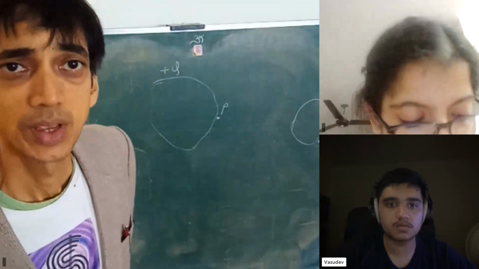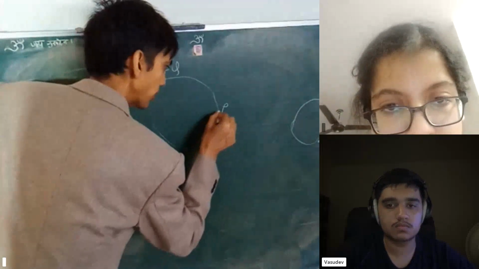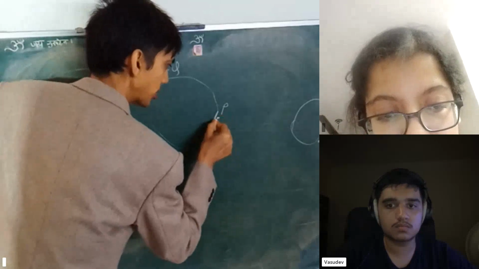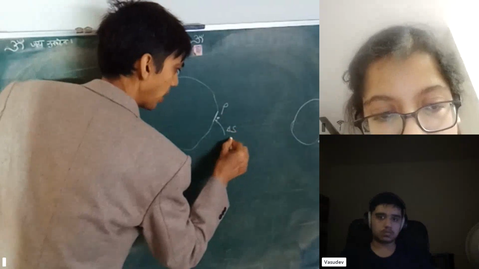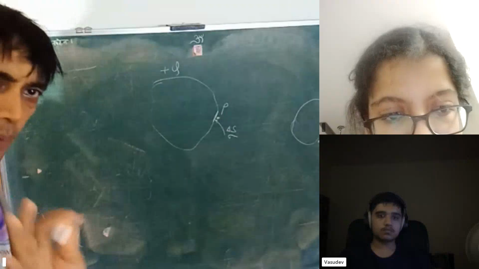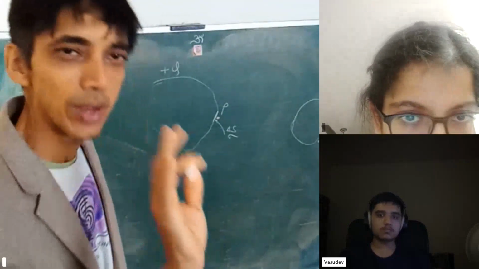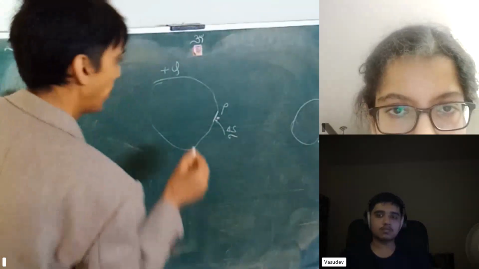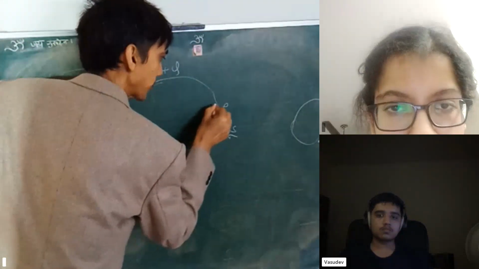Whatever the case, I am taking a very small area over here. The area is delta S or dS, and the sigma on it is sigma. For that point, it's almost a point, so sigma is fixed. I take one more point inside of it, and that is P prime.